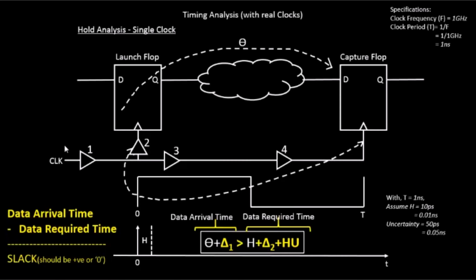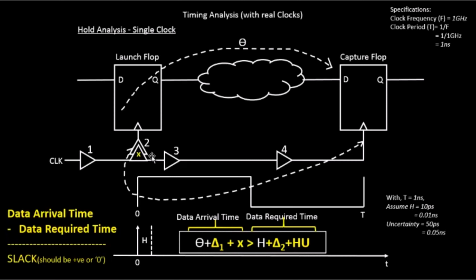Okay, so since we have these equations with us, now we will try to see the impact of the clock tree that we have built on the hold timing also. We have done the same thing for setup timing. Now we'll do the same thing for hold timing. So we'll try to insert some buffers in the launch flop clock path.